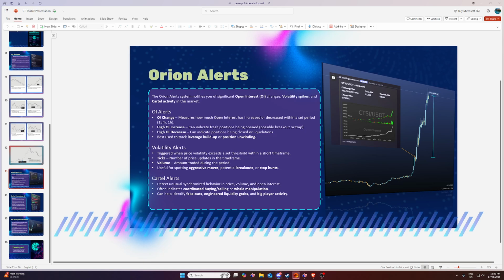So next up we have cartel alerts. These are when the scanner detects unusual synchronized behavior in price, volume, and open interest. The exact parameters we're not too sure of, but generally what we can expect is fast movements, up or down. So those can be quite good to help you identify scalping opportunities.